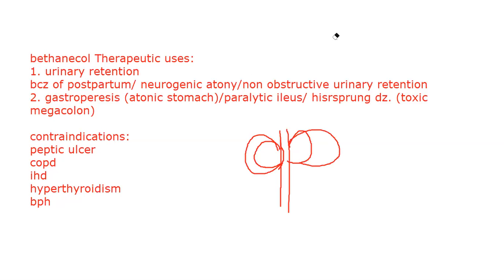Because there is no space here, the urine cannot flow, so the bladder will be full. And if you give this drug, Bethanechol, to this patient, it will contract the bladder.